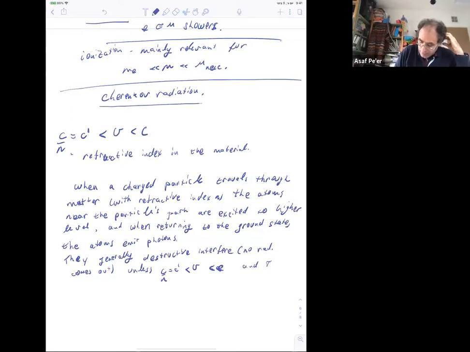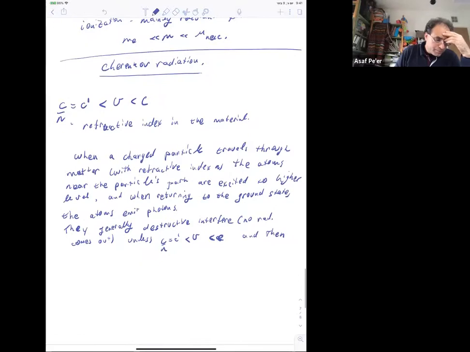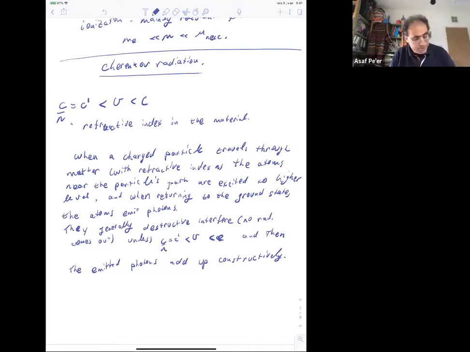And then the emitted photons add up constructively. Right? This is called the Cherenkov radiation.